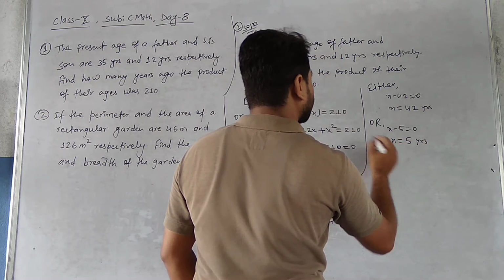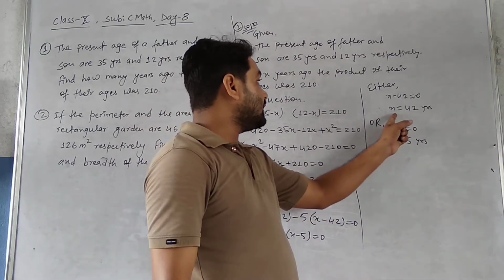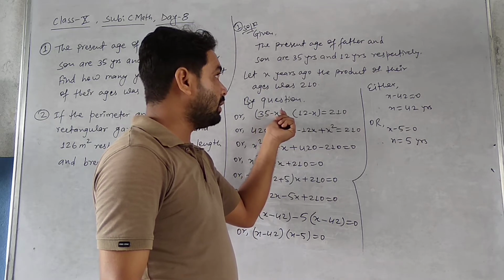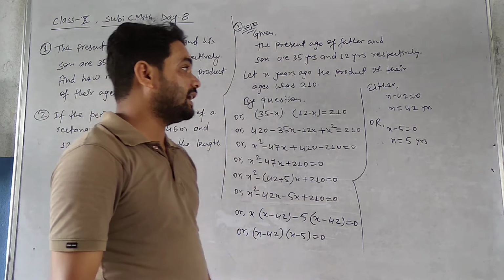If you put the value of x equals to 42, we get the age in the negative form.